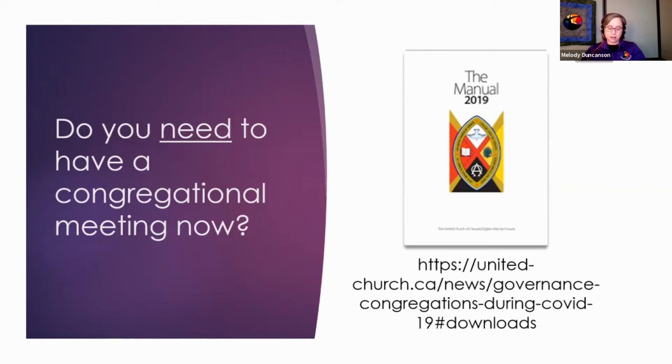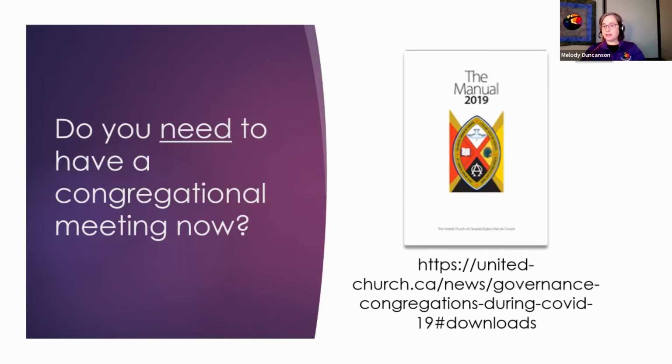And this amendment allows communities of faith to postpone holding annual meetings and passing annual budgets. It also allows the governing body of the communities of faith to act on behalf of the congregation. This is a temporary measure that is going to be in effect until August 31st of 2021.